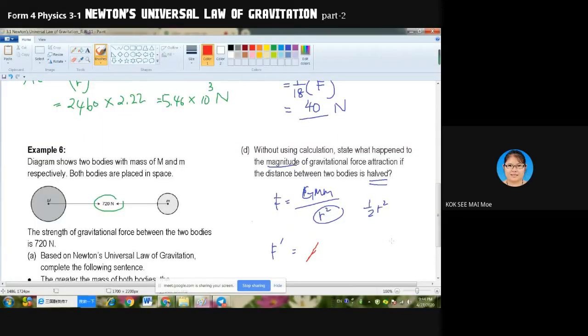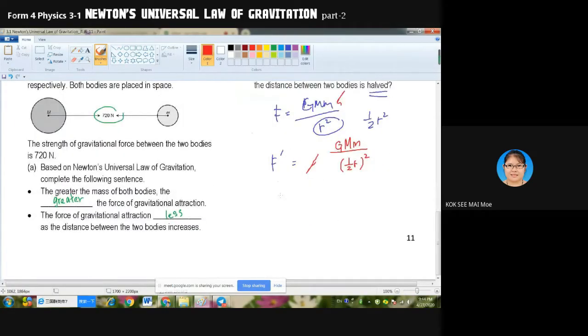Okay, so from here we show G, capital M, small m, down should be 1 over 2 R square. Okay, so from here we also want to take out F prime equals 1 over 4.